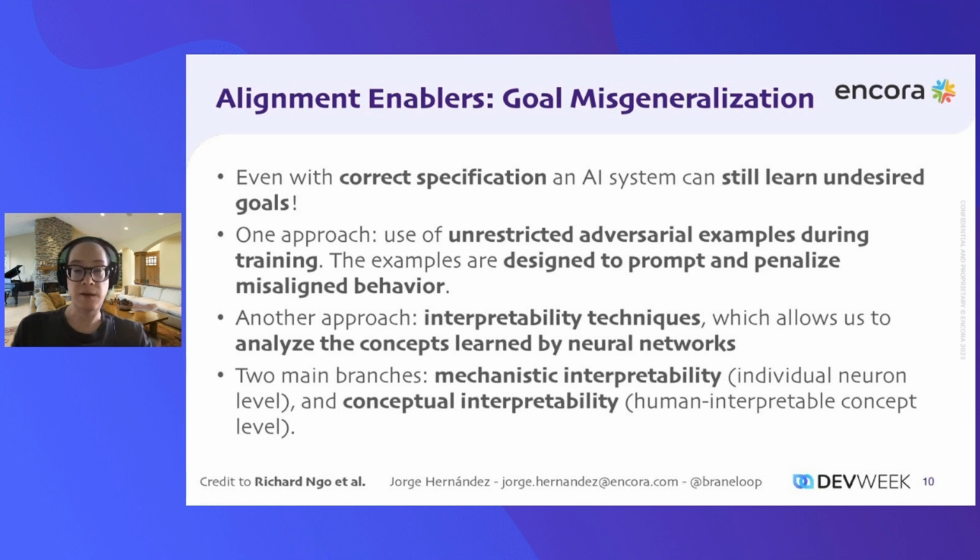One is mechanistic interpretability, which is looking at stuff from the bottom up, from the level of individual neurons to groups of neurons to layers and so on to the whole system. And then there's conceptual interpretability, which tries to do that from the human side, which is like trying to understand the human interpretable concepts that the system is actually capturing and learning.